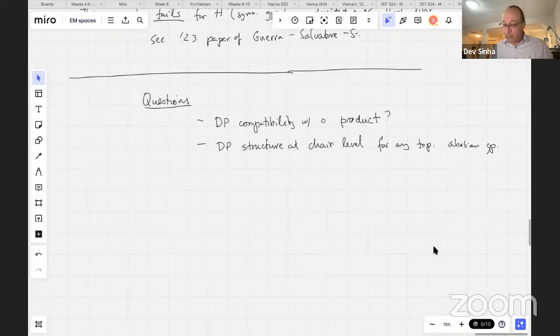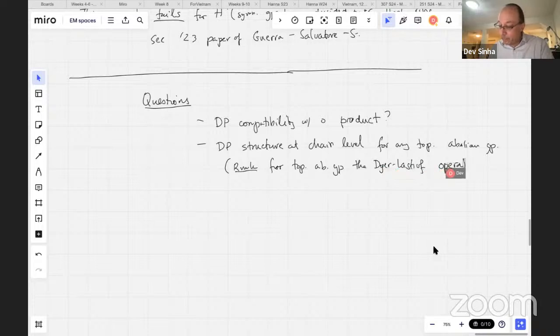This is kind of a funny thing to do. So this is a remark that for an on the nose topological abelian group, things called Dyer-Lashoff Kudo-Araki operations vanish.